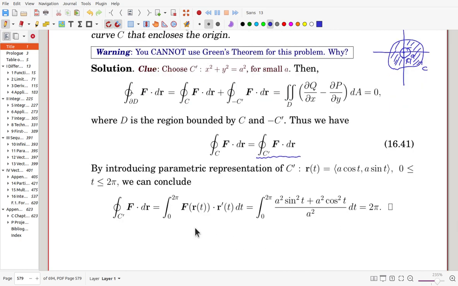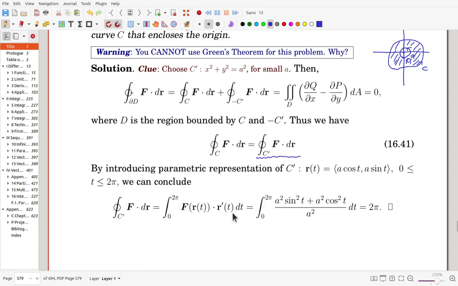Then now the integral over C prime of F dot dr is the same as the integral from 0 to 2π, following the parameterization, of F(r) dot r′ dt.